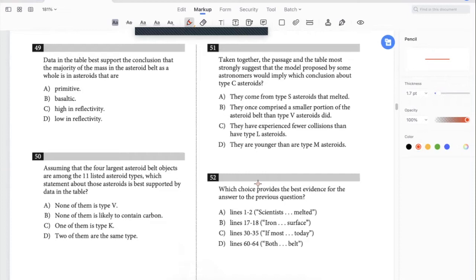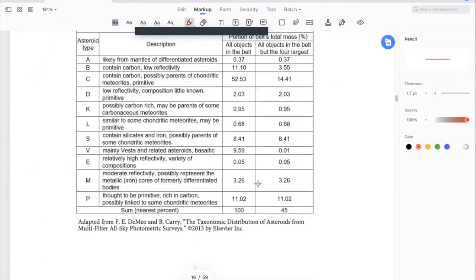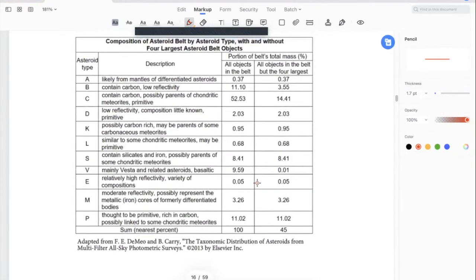Data in the table best support the conclusion that the majority of the mass in the asteroid belt as a whole is in asteroids that are primitive, basaltic, high in reflectivity, low in reflectivity. Okay, the majority of mass, right? Portion of the belt's total mass.